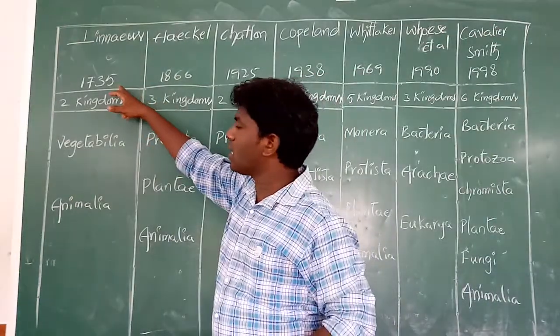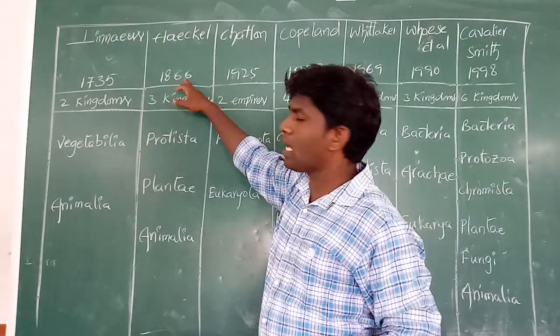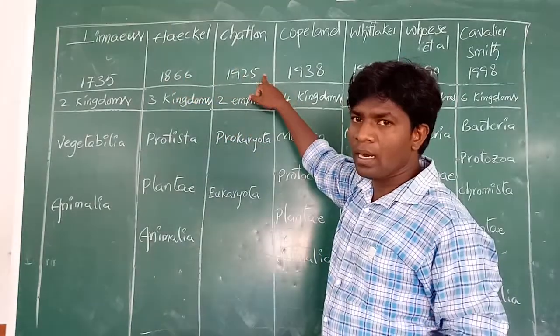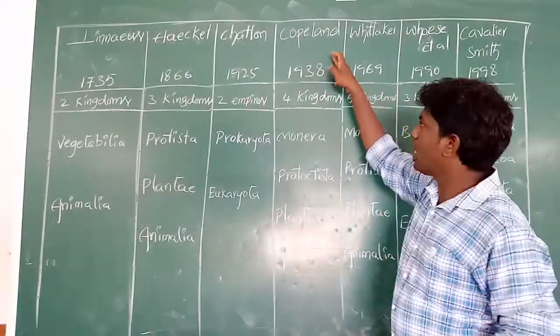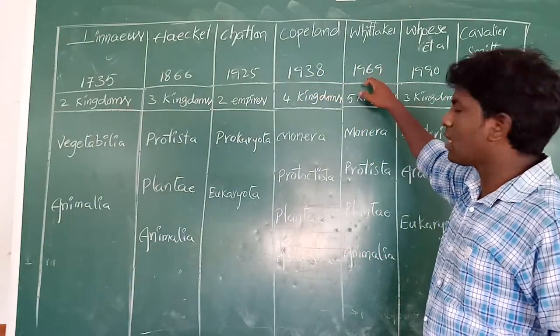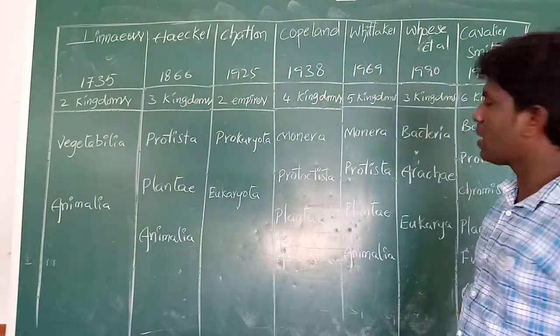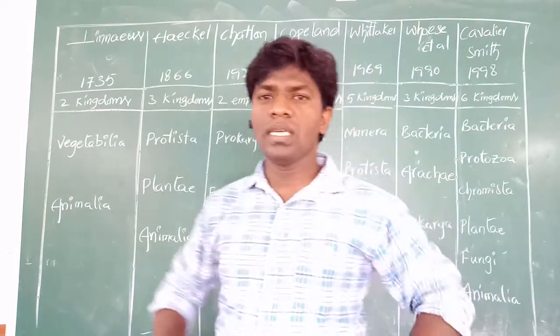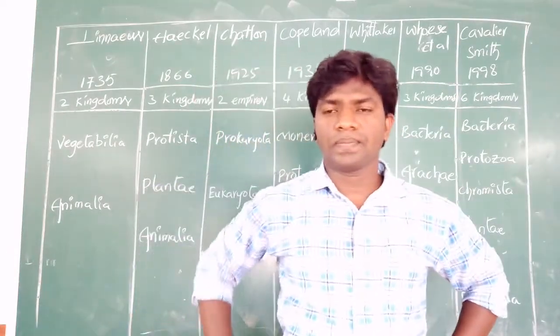So Linnaeus 1735, Haeckel 1866, Chatton 1925, Copeland 1938, Whittaker 1969, and Woese et al. 1990. So in these years they classified.